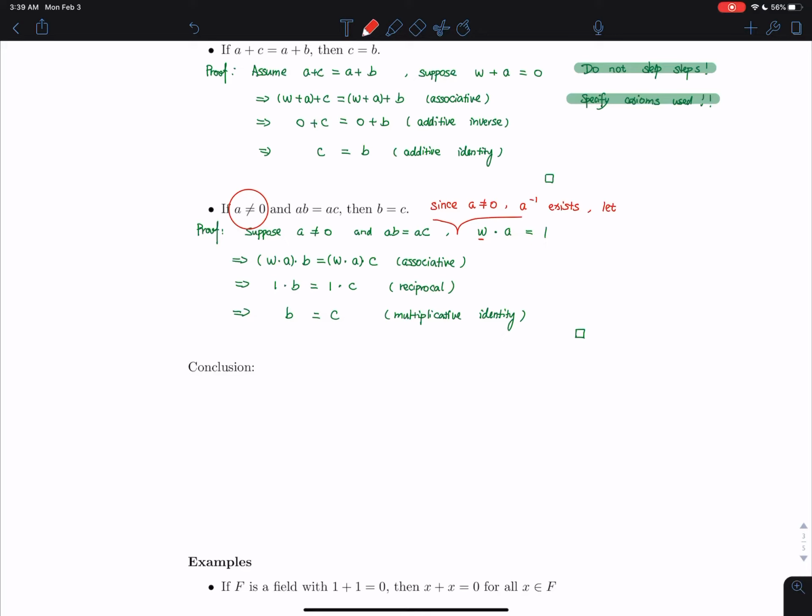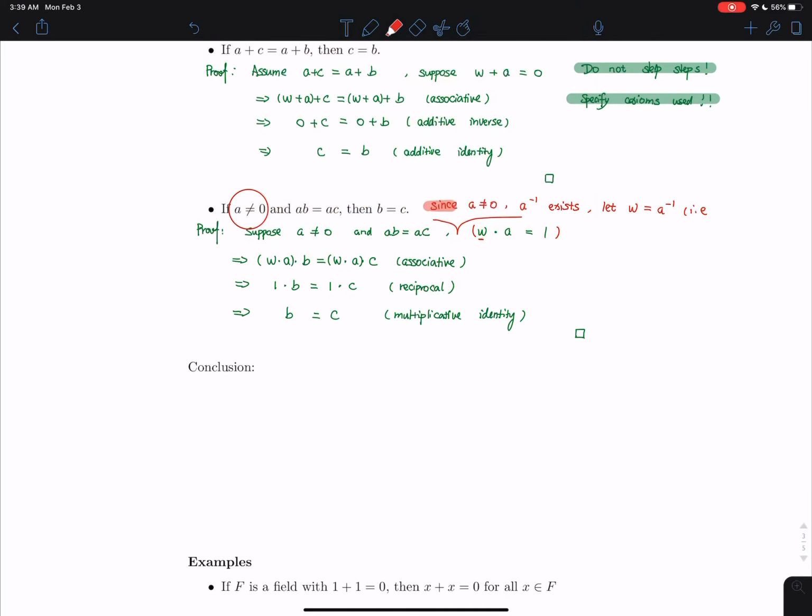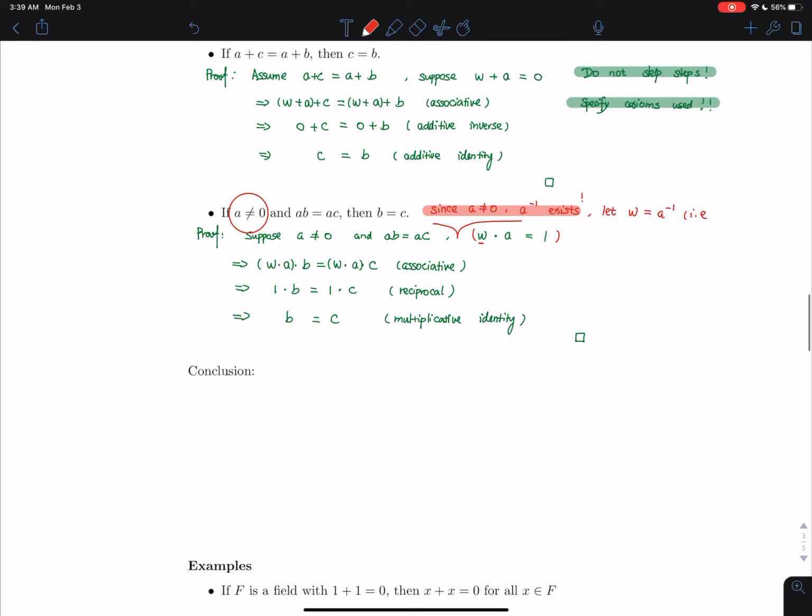And we let W equal the reciprocal of A, i.e. this. Now you can use it. But this is really important. You need to show these words. That is why I wrote it in red. Please remember this sentence.